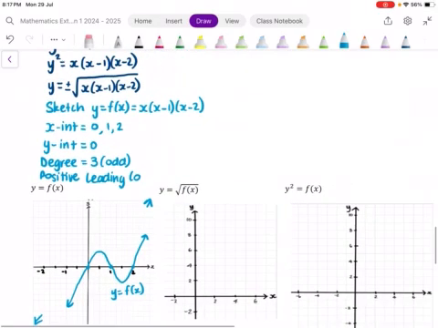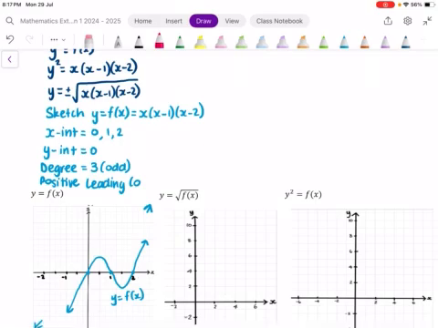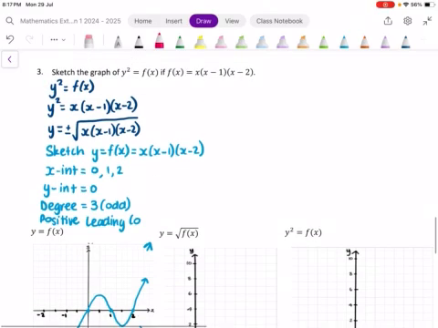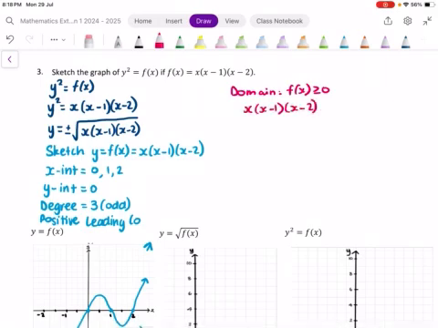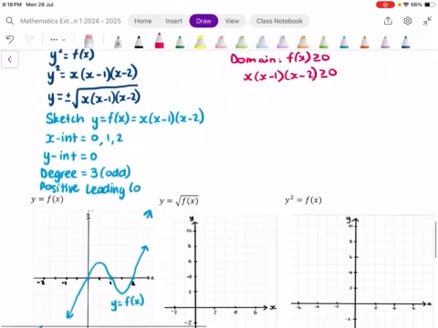Now, for y equals the square root of f(x), remember, we have to have our domain of f(x) greater than or equal to 0. And so what we have is x(x minus 1)(x minus 2) is greater than or equal to 0.